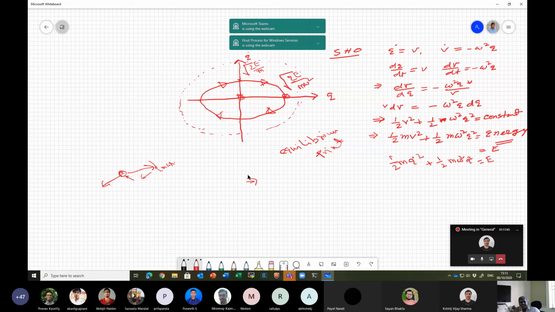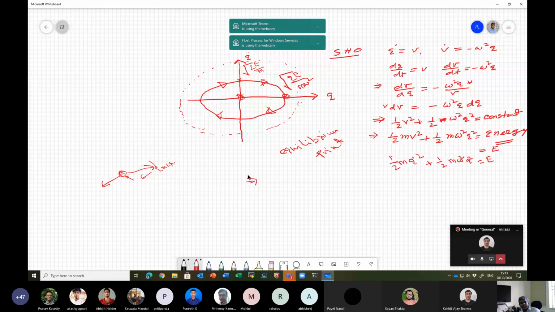So there are different methods you can adopt to solve the same equation. The point I'm trying to emphasize is that if you adopt a different method, but use the conditions given in the system, at the end of the day you should get a unique solution. That is the main point.